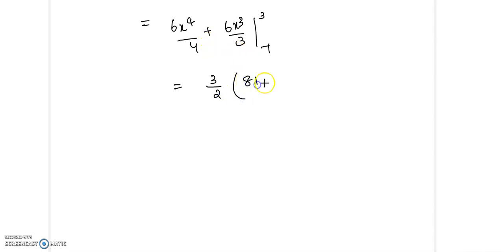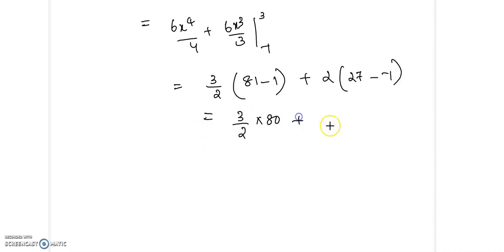Apply the limit, so we'll get 81 minus 1 plus 2, 27 minus 1. So that is 3 by 2 into 80 plus 2 into 28. So that is 120 plus 56. So we get 176. So that is the required volume.